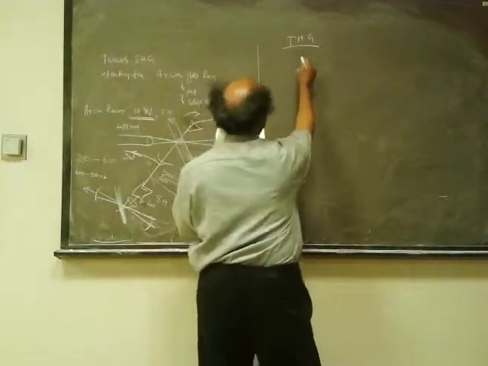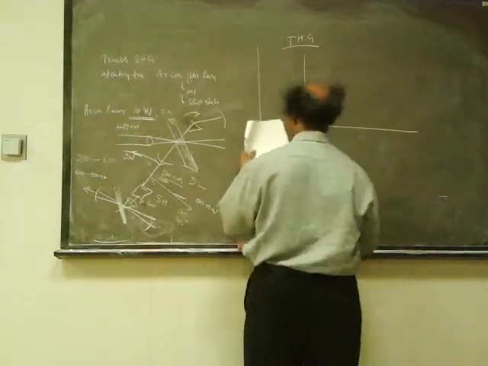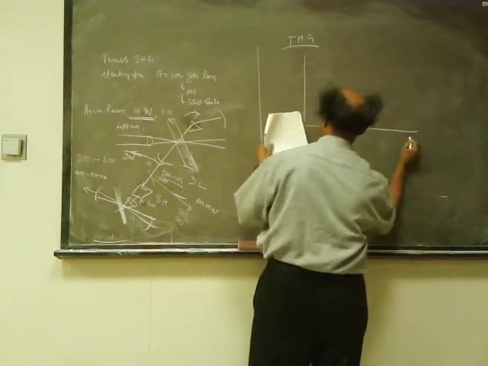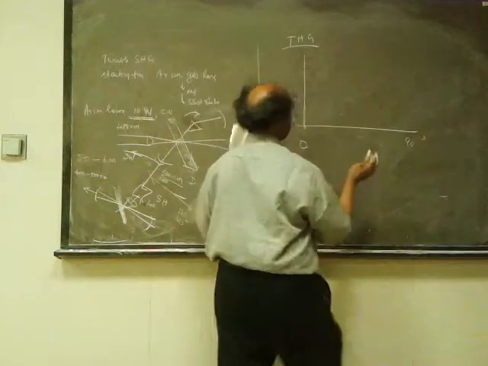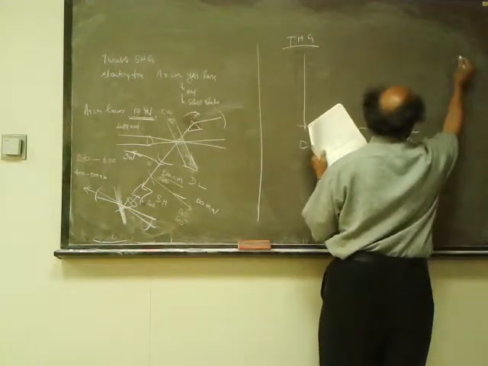First, draw this picture, then things will be clear for you. This is 0, 90. I imagine I have taken a crystal.